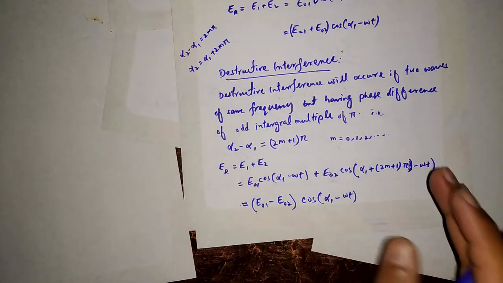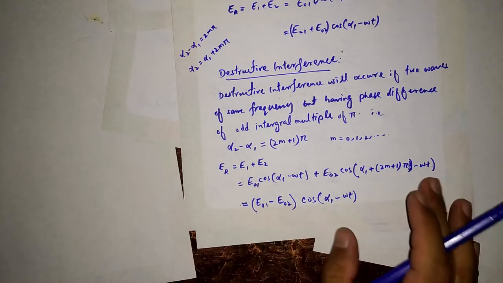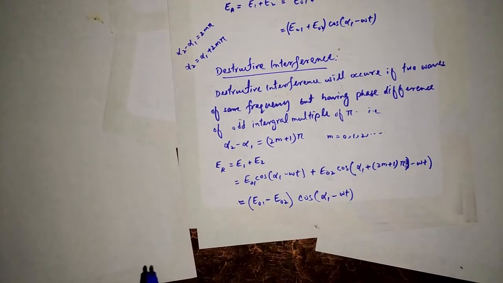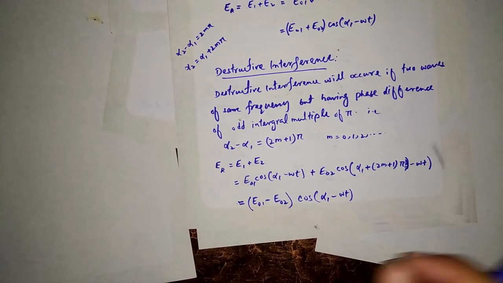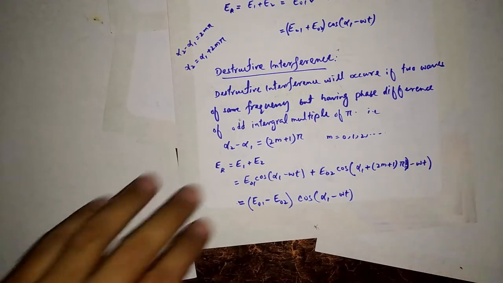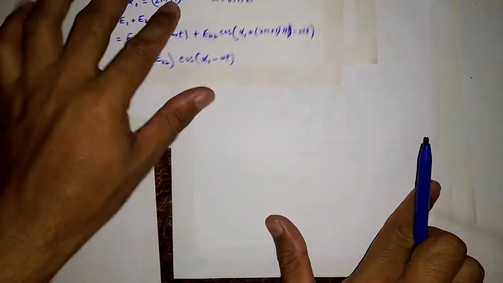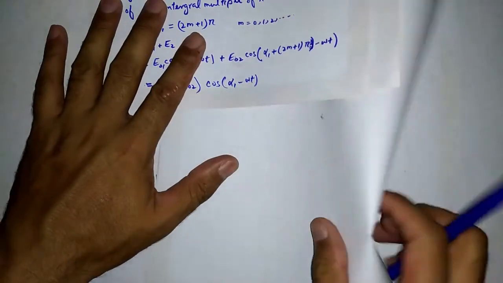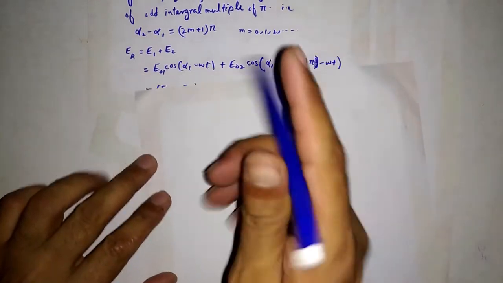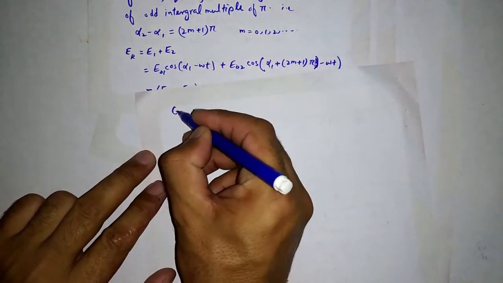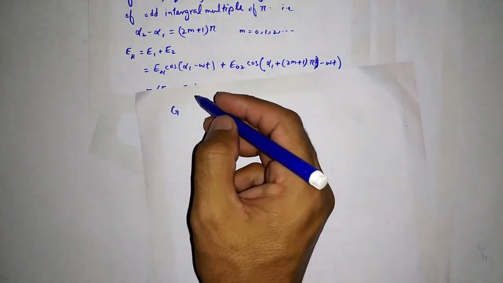Clear? Now if the two waves are neither in step nor out of step, we have to generalize the case, which is general superposition.